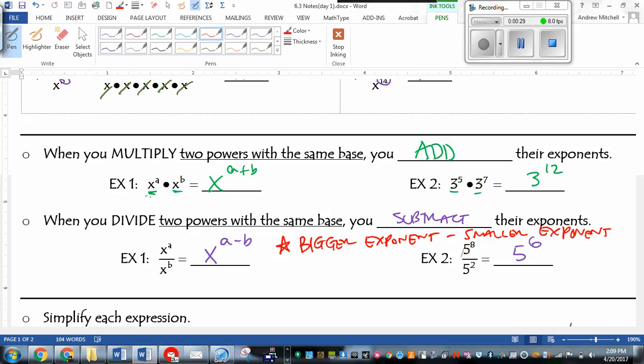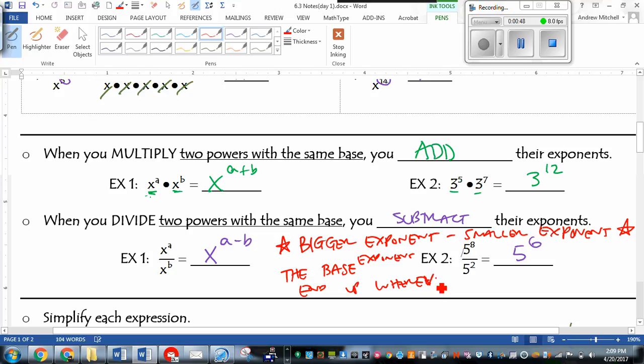Right, the bigger exponent minus the smaller exponent. And the base and exponent end up wherever the bigger exponent was.